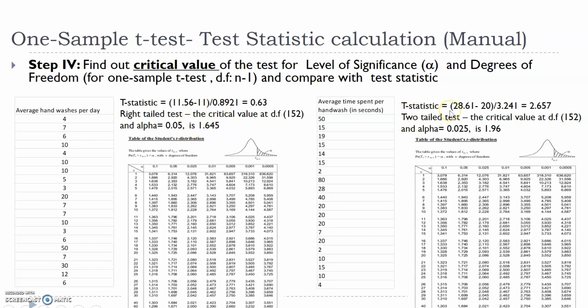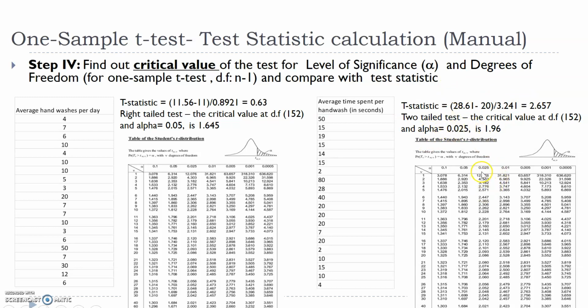For the other case, what I want to understand is whether it is 20 seconds or not. In that particular case, that is a two-tail test, right? Whenever there is a two-tail test, because it can be either greater than or less than, check the number at alpha by 2. What is my alpha? Alpha is 0.05. Alpha by 2 will be 0.025.